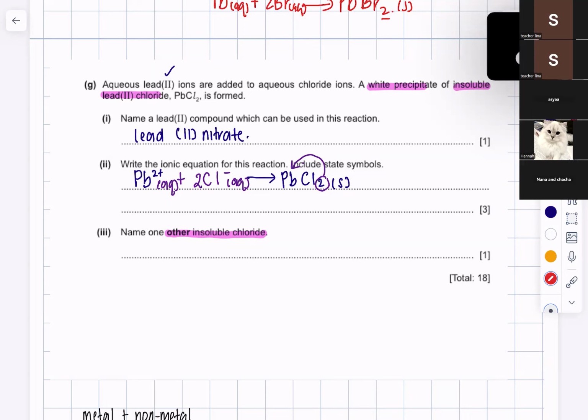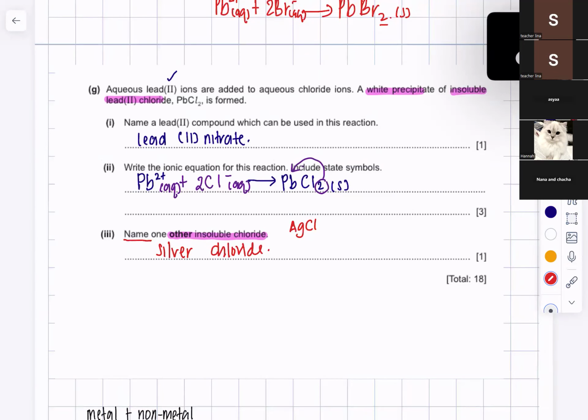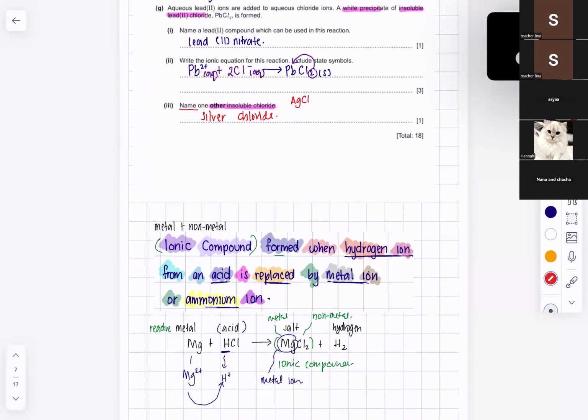Let's say the name. Yes, correct. What is the full name for AgCl? Silver chloride. Yeah, very good. Okay, good job. Is it clear, Chacha? Yes.